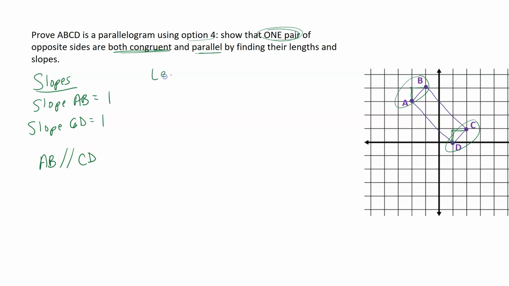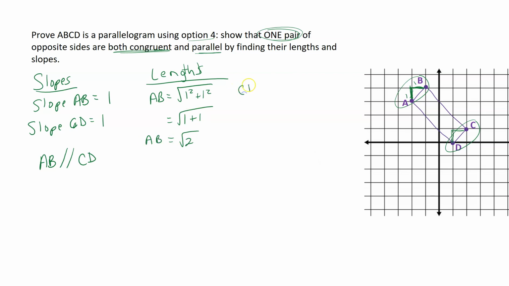And then I want to find their lengths. So AB, we're going to do the square root of, we have that little triangle already ready for us. So our legs are a 1 and a 1. So 1 squared plus 1 squared. That's going to be 1 plus 1. So AB has a length of the square root of 2.